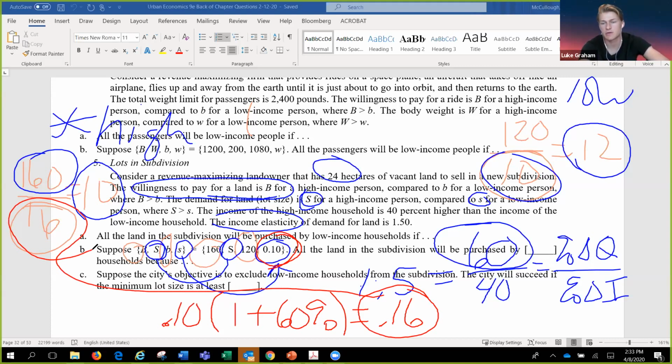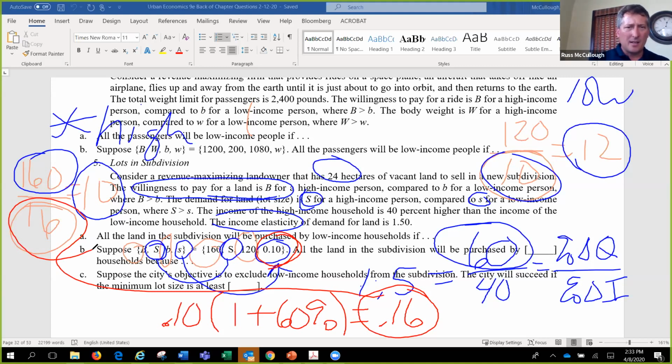So the 0.1 turns into a whole number of 10? I think that's kind of an abbreviation by the answer key, because if you convert it back, it still would be per hectare. So our big maximum willing to pay was S. Our big S was 160.